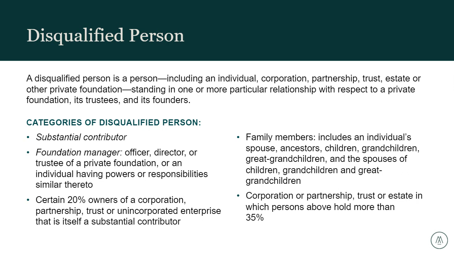Again, having really good records of who all of your contributors are, potentially what businesses they own, who their family members are, and how you can relate that to the actual donor is a tricky thing to do, but something that you definitely want to have procedures in place for.